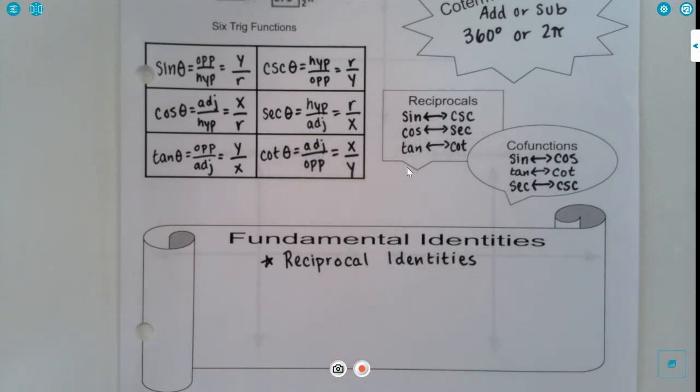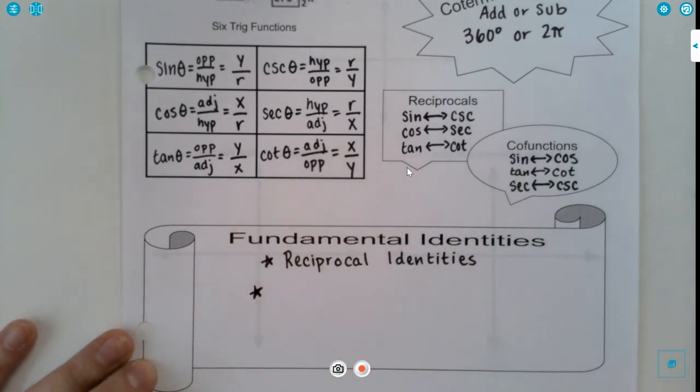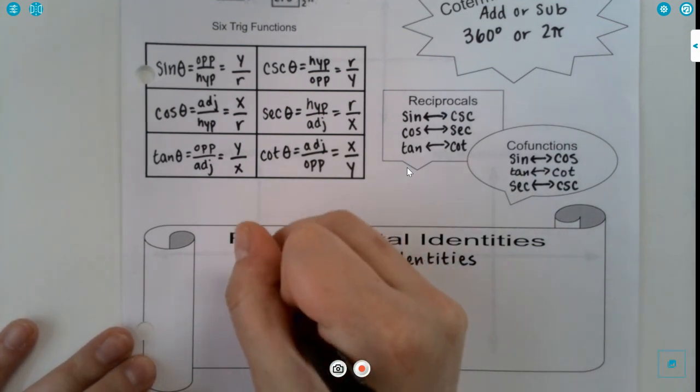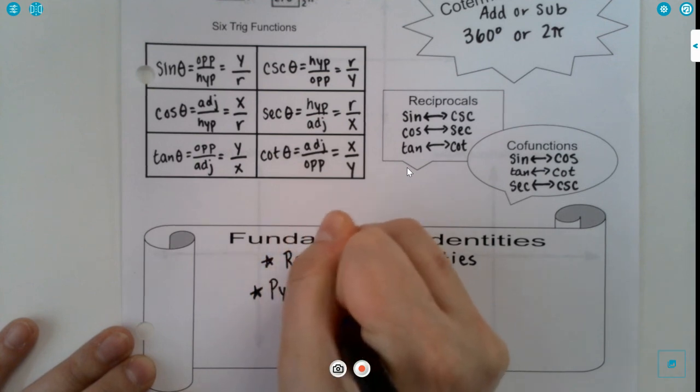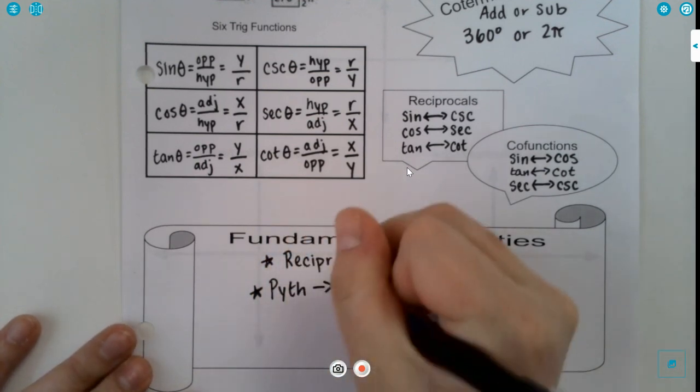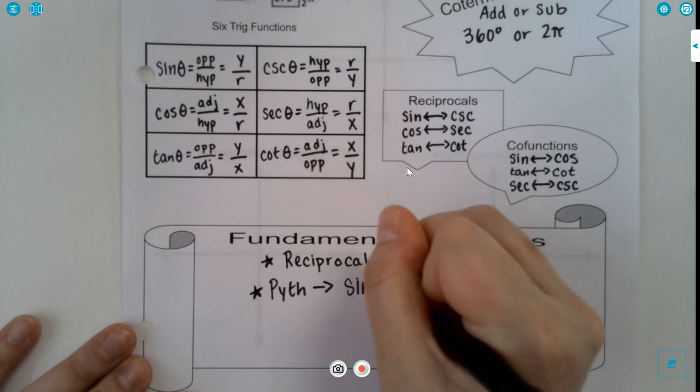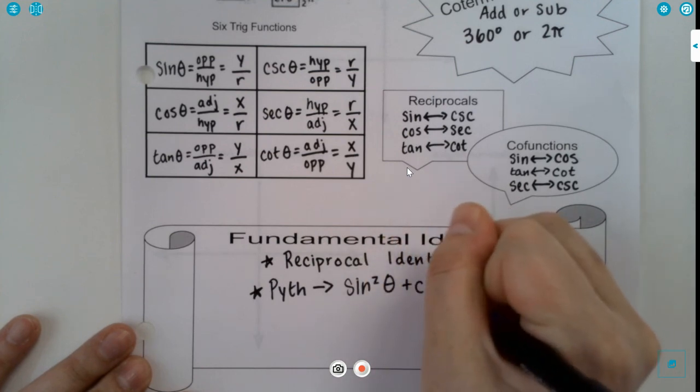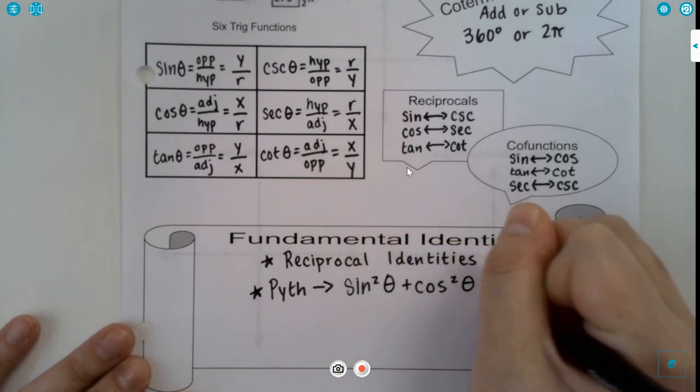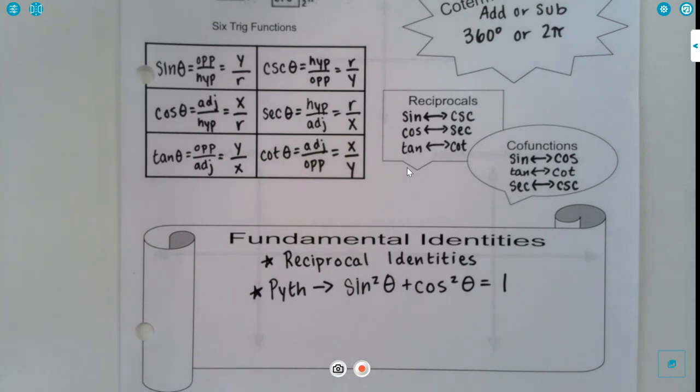We could write sine of theta is 1 over cosecant of theta, and cosecant of theta is 1 over sine of theta, but we're not going to spend time writing that down. You then have a set of identities called the Pythagorean identities. They are sine squared of theta plus cosine squared of theta equals 1. And then there's several more versions of it that we're not going to write down.